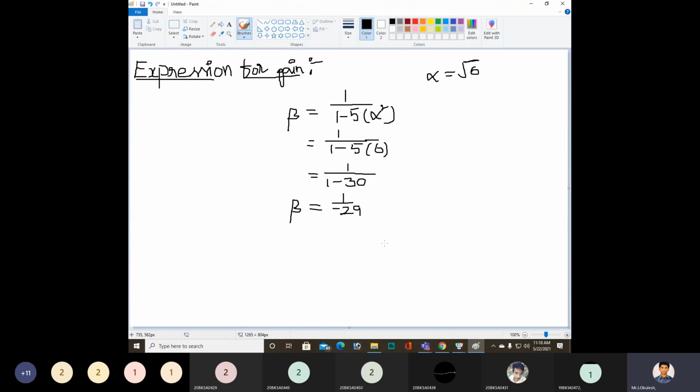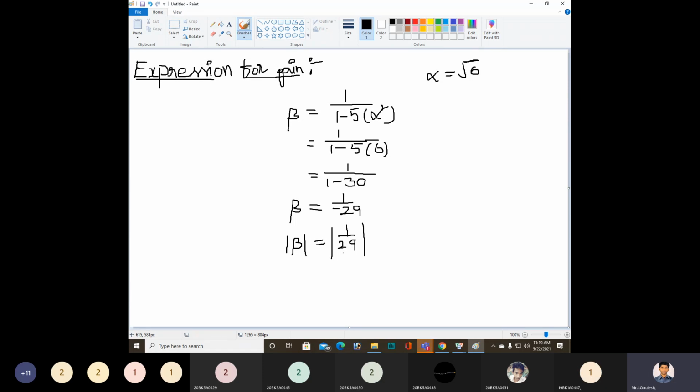Beta is equal to 1 by minus 29. If we take mod beta, then we will get 1 by 29. So this is the beta value and alpha is equal to root 6.